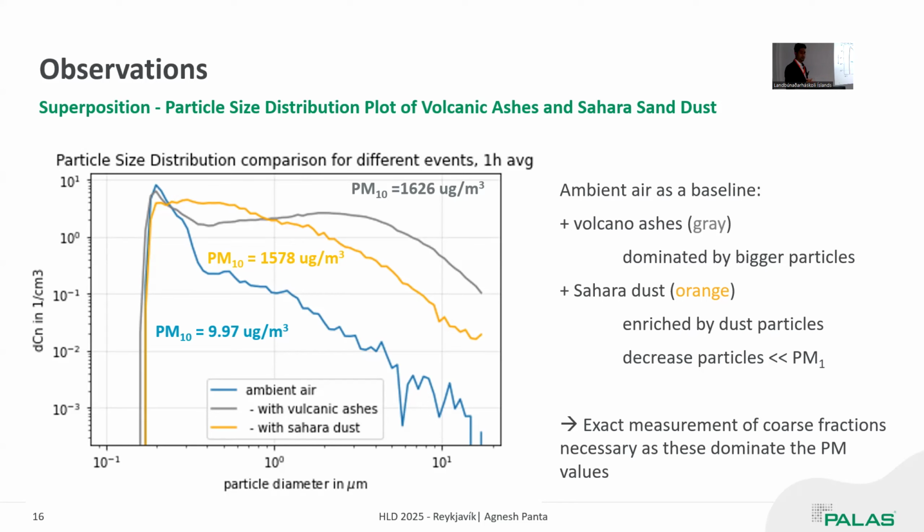So this clearly shows how important it is to do these kinds of measurements. But also what is interesting is for volcanic ash, you also see the number concentration is quite a bit higher in the lower fraction. So there is also a dominance of submicron particles in volcanic aerosols, so probably sulfates.